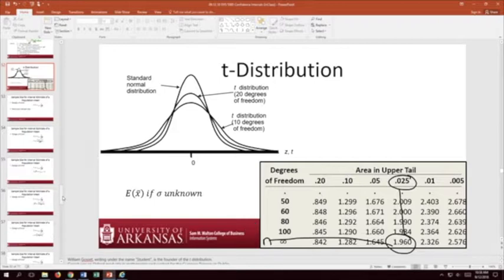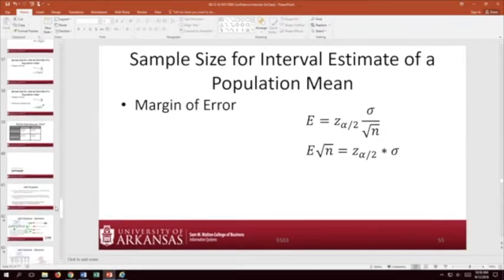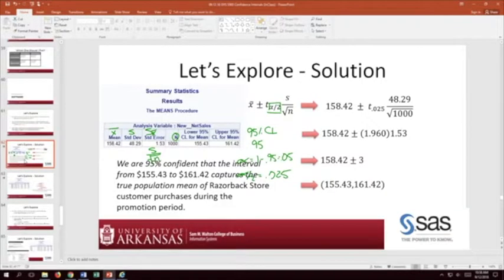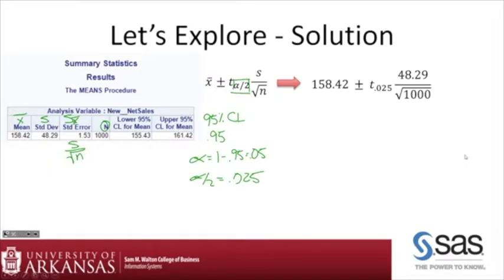So if I go back, from the table, t of 0.025 is 1.960. Now you're not going to need to know this because we have SAS, and SAS is going to give us what we need. But for the first time, we're going to do this.